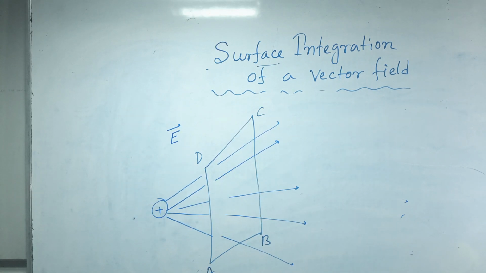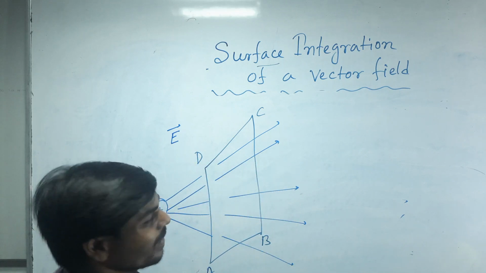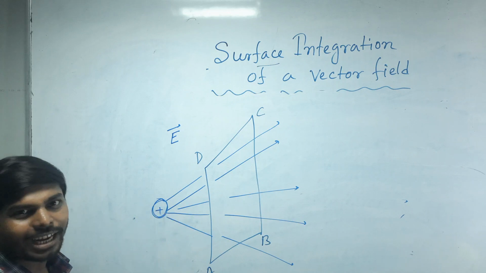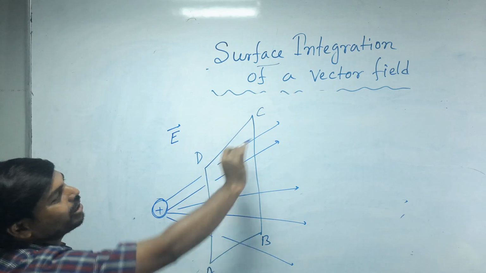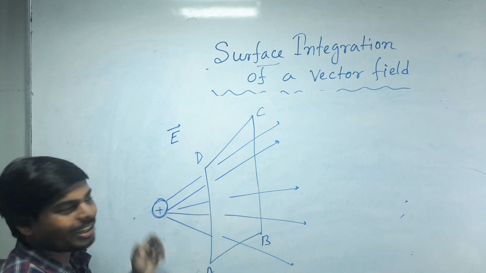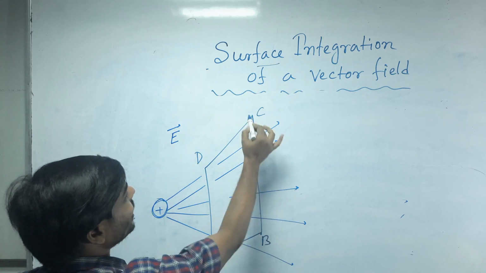So let's try to understand with an example which is very familiar to you. To understand the concept of the flux, we have taken a very familiar example. Let's think there is a positive charge, and we all know that a positive charge has field lines which are known as electric field vectors. Is it clear? And we have considered a two-sided surface.